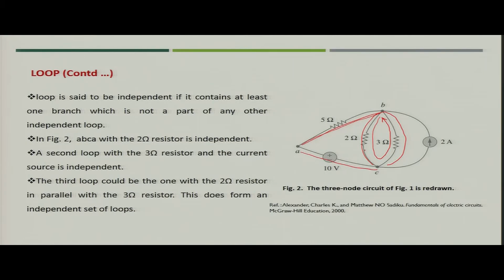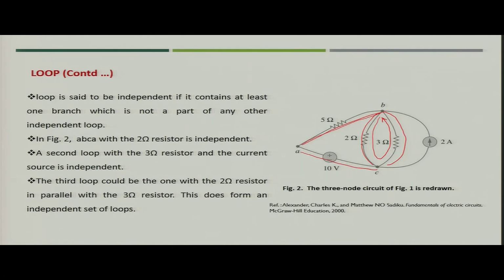So, in all three cases you will see that at least one element in the loop is not part of another loop. So, in that way you can create the number of loops.